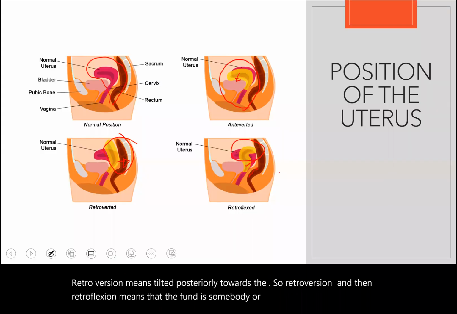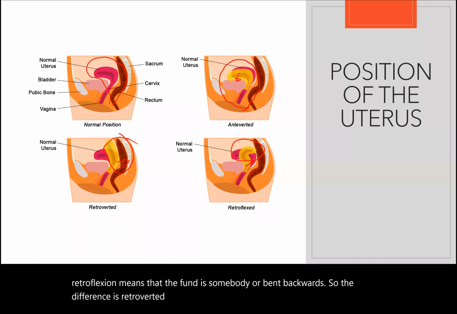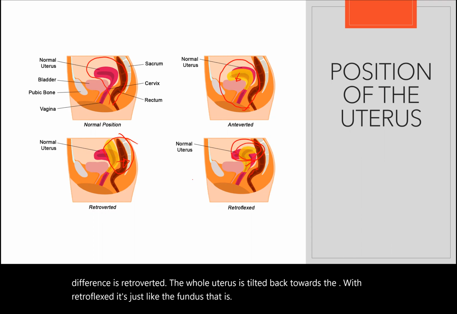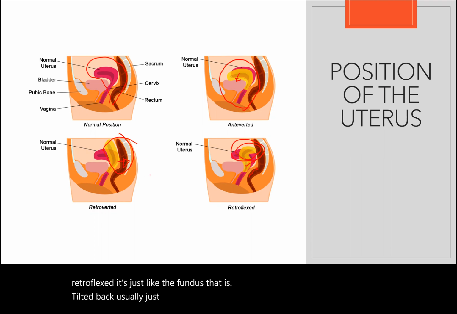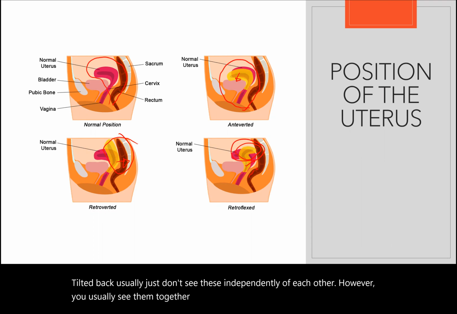So the difference is retroverted, the whole uterus is tilted back towards the rectum. With retroflexed, it's just the fundus that is tilted back. You usually just don't see these independently of each other. However, you usually see them together. So they're both tilted back towards the rectum and also retroflexed.